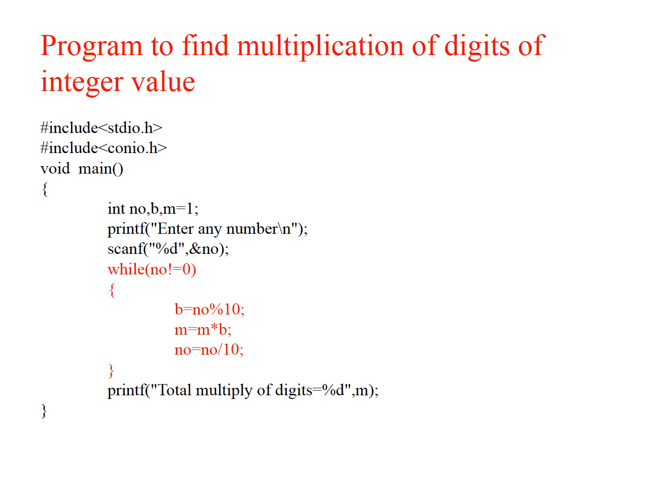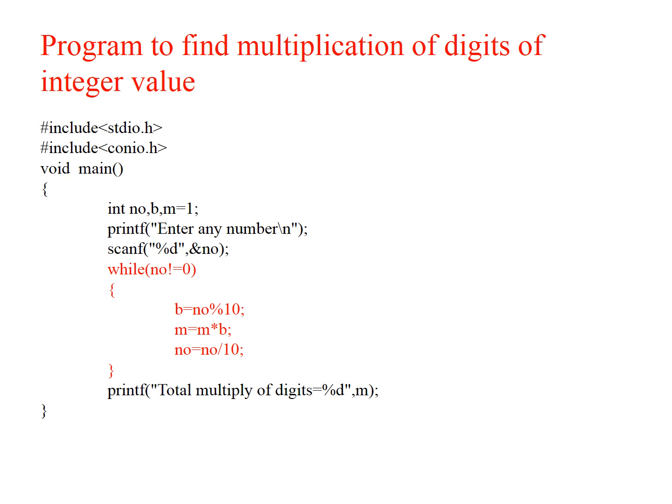Now this b variable is going to be multiplied, and the multiplication answer is going to be stored into the variable m. Initially, this m is initialized to the value 1. As this is a multiplication, we have to start the value from 1. And then again, a new number is going to be built by division by 10.